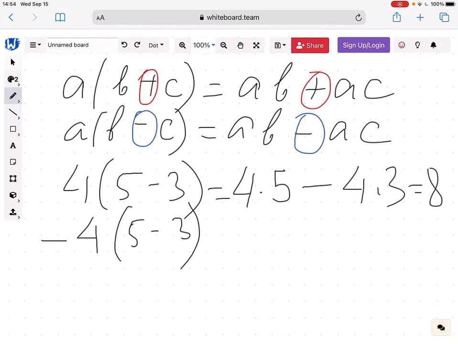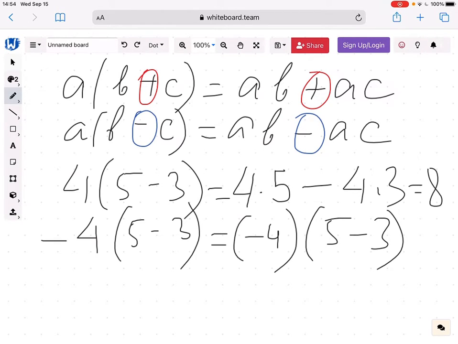One way is to assume that we have minus 4, which we multiply by (5 minus 3), and deal with multiplication of negative numbers. The other way is to, for a little bit, ignore that minus, calculate 4 times (5 minus 3) first, and then put minus in front of it, okay?